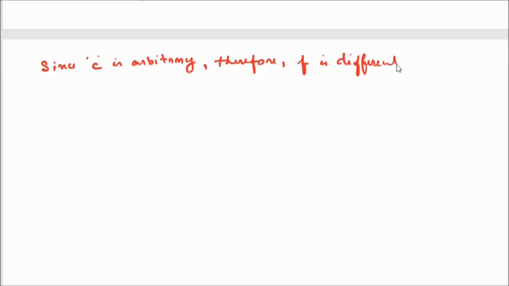So I can conclude that since c is arbitrary, f is differentiable for all x belongs to R in the domain of f.